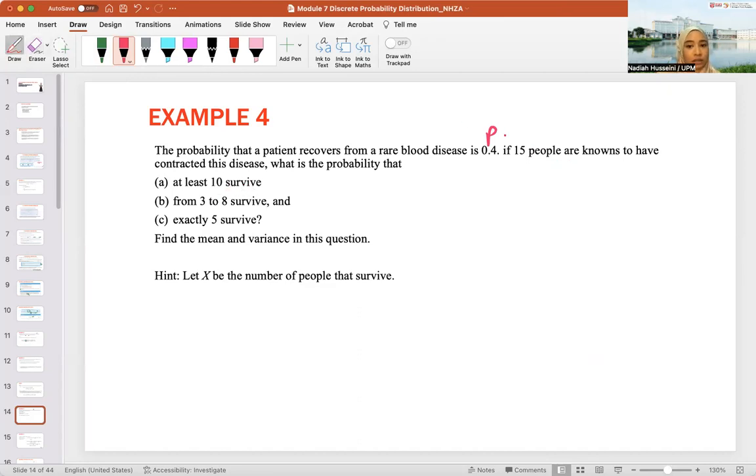So if P is 0.4, what is my X and what is my N? N is 15, correct. What is my X? X is 10.